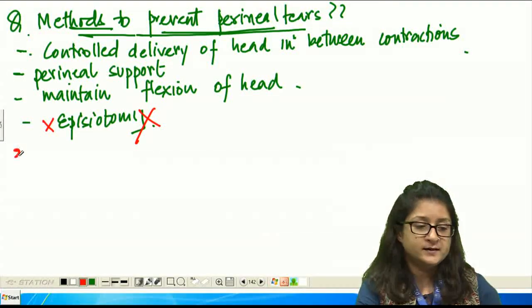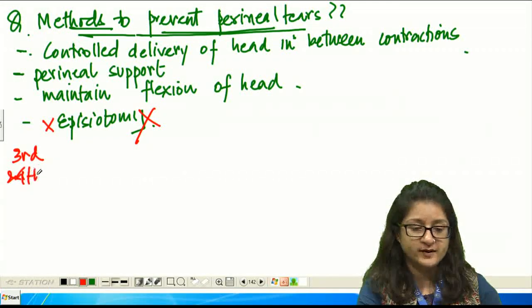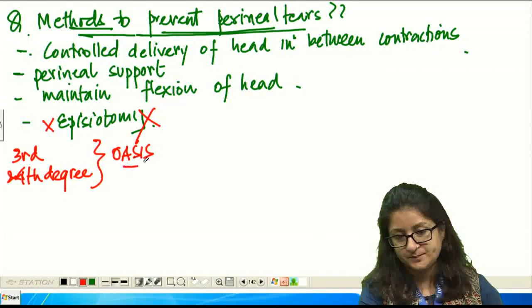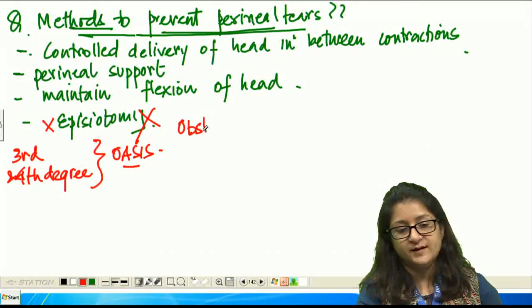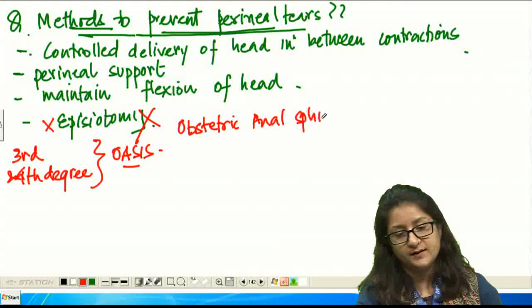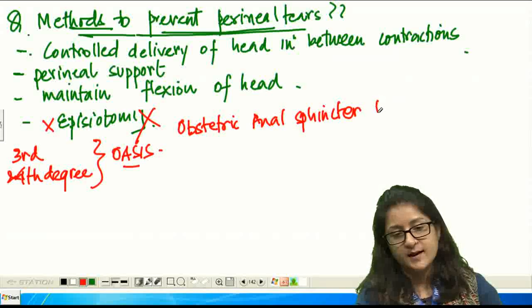Secondly, important point, the third and the fourth degree of perineal tears are together called OASIS, obstetric anal sphincter injuries.